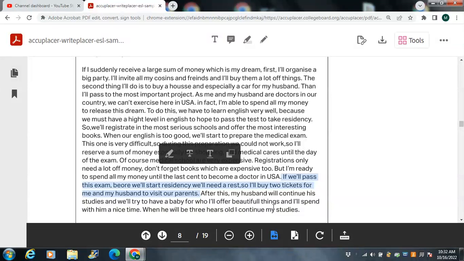Or, "After we pass our exam, and before we start residency, comma, we will need a break, or we will need rest. Therefore, or thus, or hence, I will buy 2 tickets, or we will buy 2 tickets, for my husband and I to visit our parents."